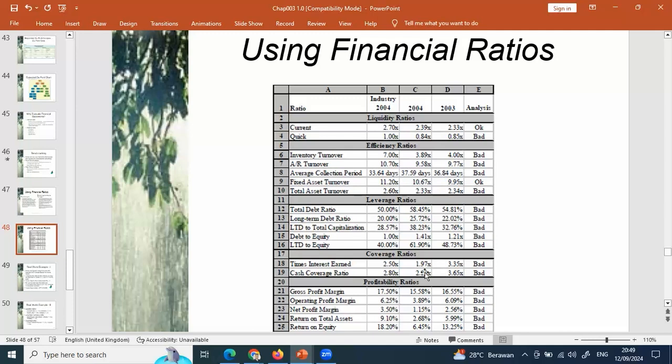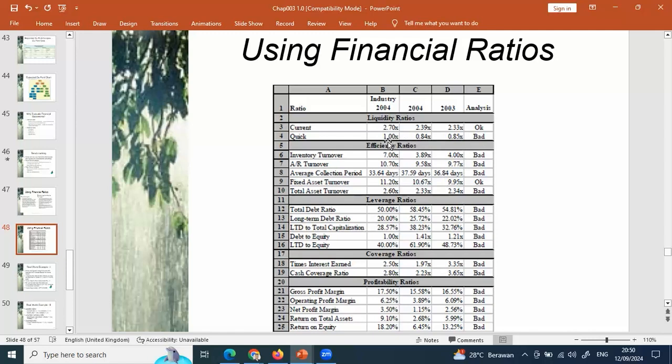Let's say the current ratio. What is the industry ratio? The average industry ratio for the current ratio is 2.7. We have 2.39. It's okay. Quick ratio, the industry is 1.0. We have 0.84. Bad.